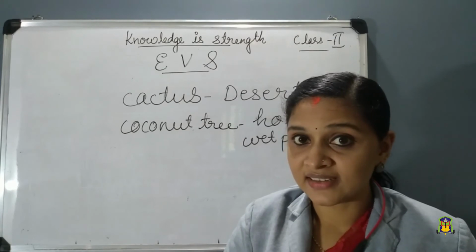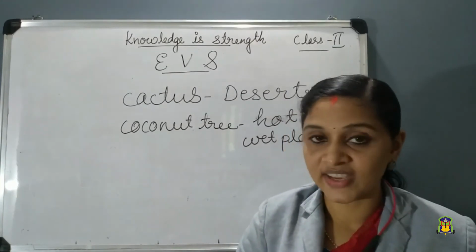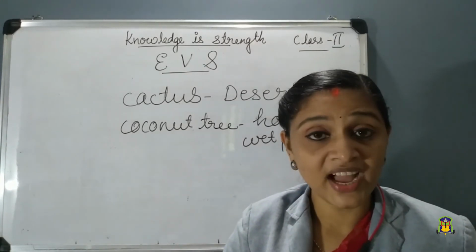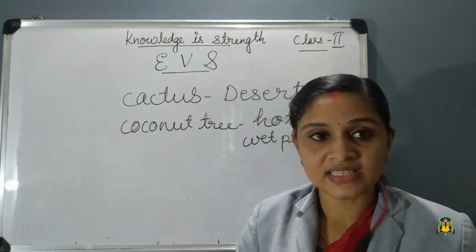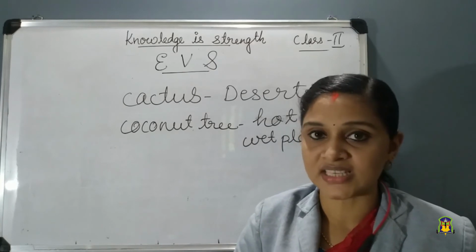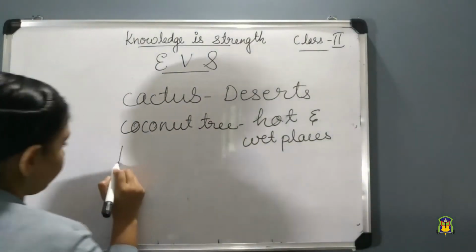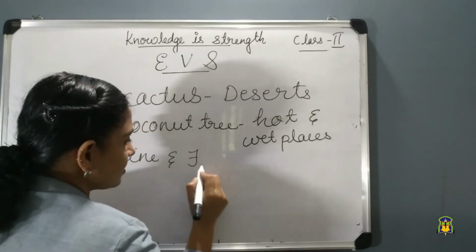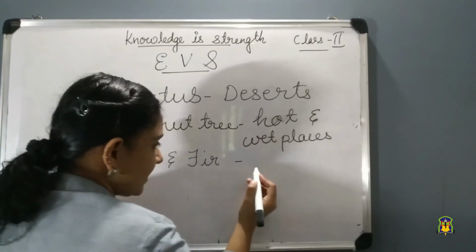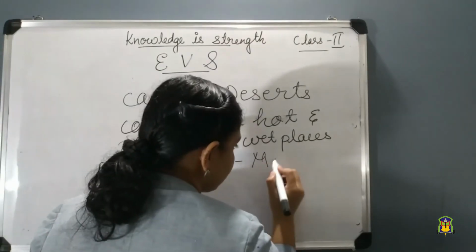We already learned. Say highlands. Okay. Highland, very high land, is called mountains. So, in the mountains we can see these pine and fir trees. Okay. Pine and fir trees, where we can see: mountains.